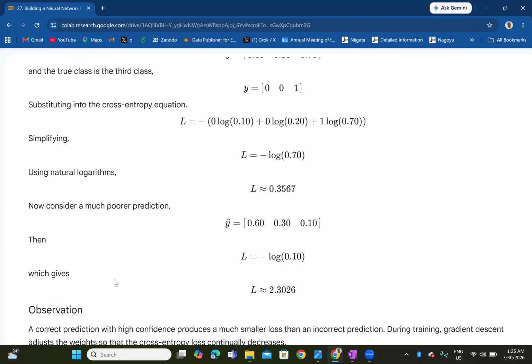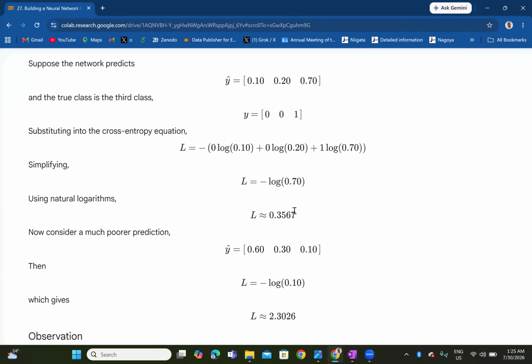Now, in this case the loss is pretty small. Maybe not so small, but at least it's less than 1. Now, consider a much poorer prediction, like you now have 0.60, 0.30, 0.10, whereas the correct one is the third class. Then you have L as minus log 0.10, because you now have 1 log 0.10.